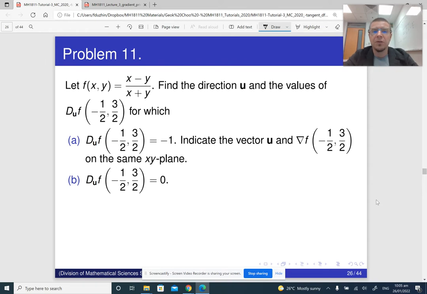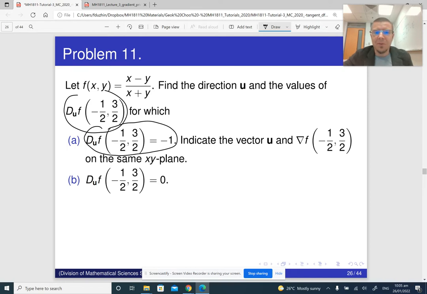So the question is to find the direction, and, well, actually it doesn't make sense a little bit. So find the direction and the values of the directional derivative for which the directional derivative is -1, right?